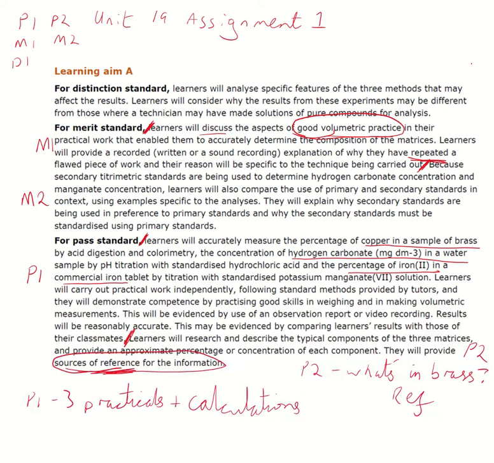Now, up for the distinction bit, there's only the one criteria D1 up here. To analyze specific features of the three methods that may affect results, they will consider why the results from these experiments may be different from where techs made solutions of pure compounds for analysis. Now, don't just say the tech is better than you.